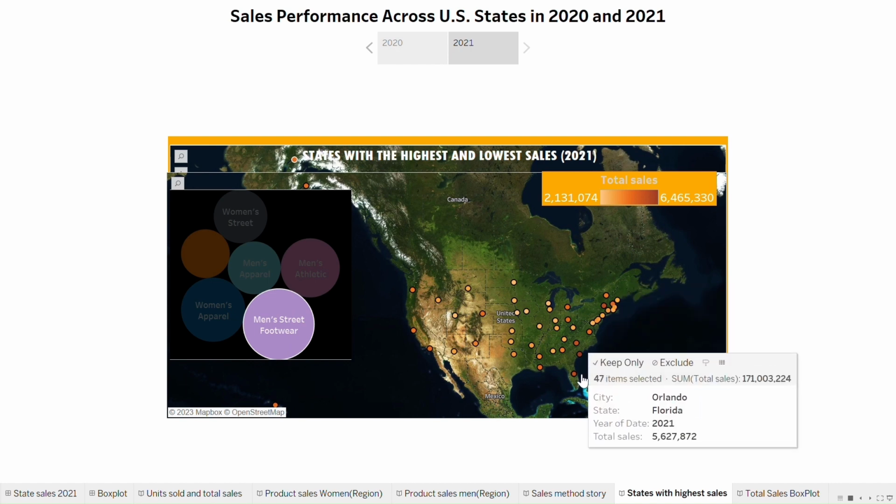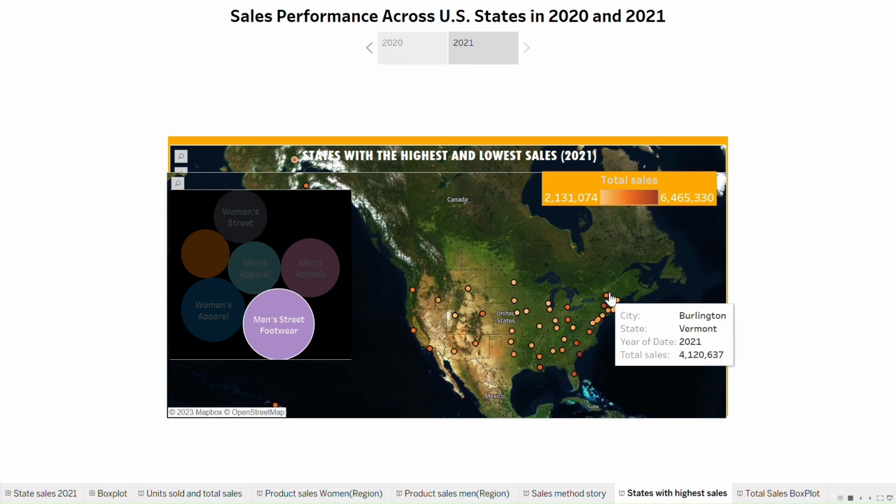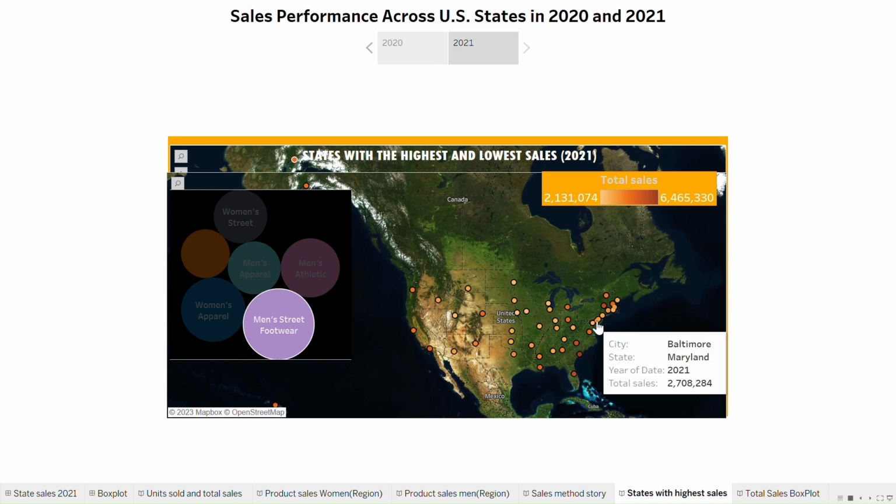So Florida has 5 million, New Mexico 3 million, Maryland 2.7 million. And that's about it for the sales performance across US states in 2020 and 2021.